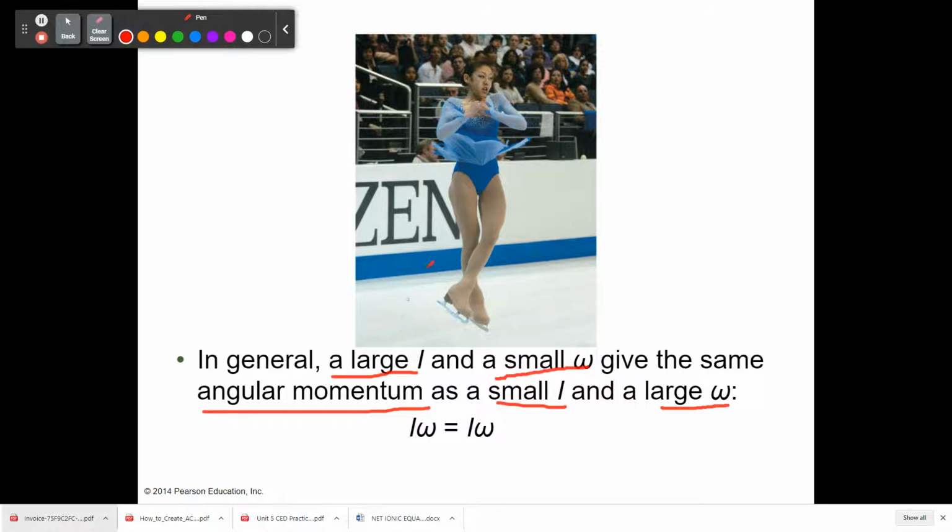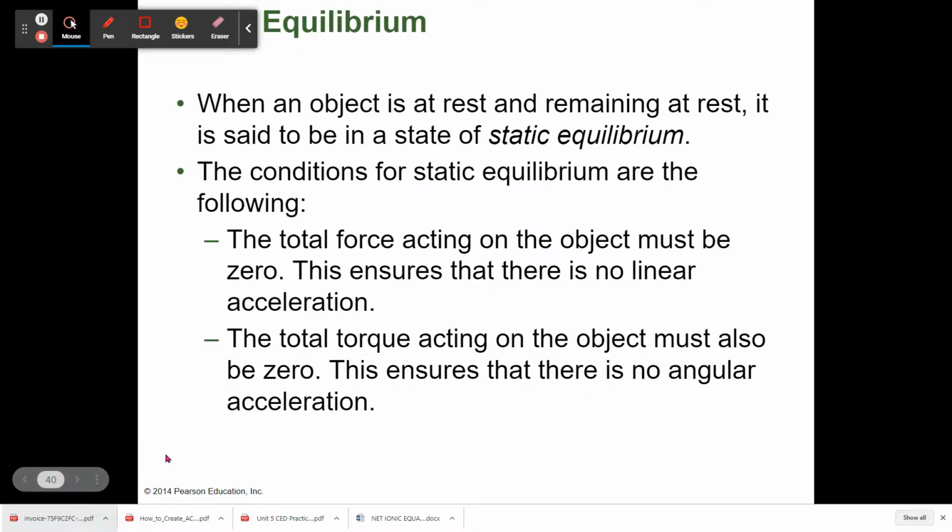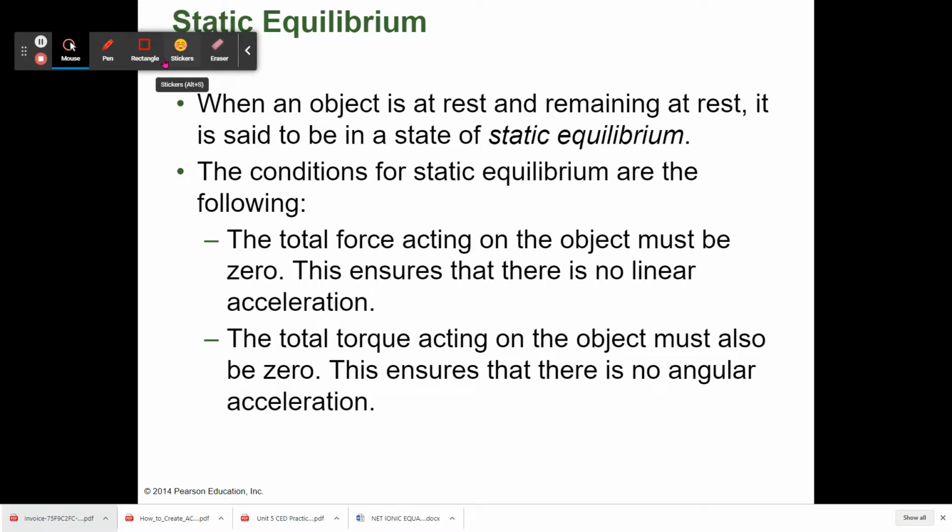If she has her arms out like this, that gives her a large moment of inertia but a smaller angular speed. When she pulls those arms in, she now has a smaller I, which means her angular speed, or her rotation, is going to increase. And I believe that's it. That is it for 8.3.